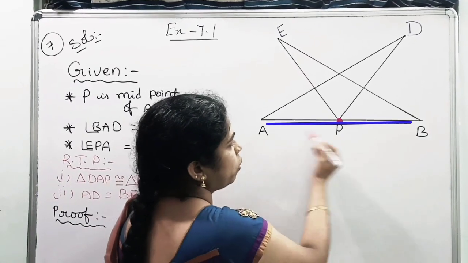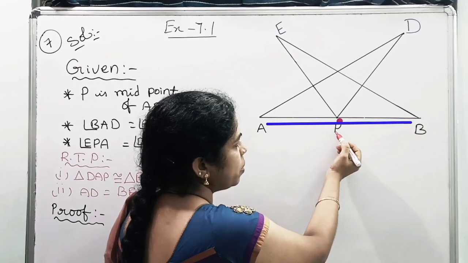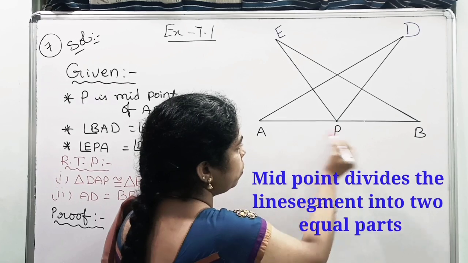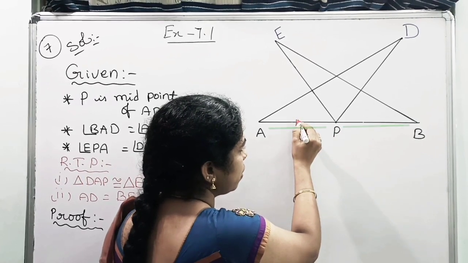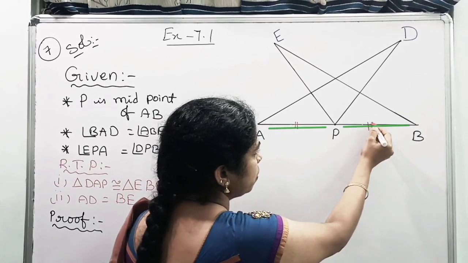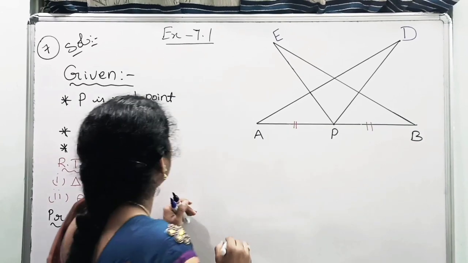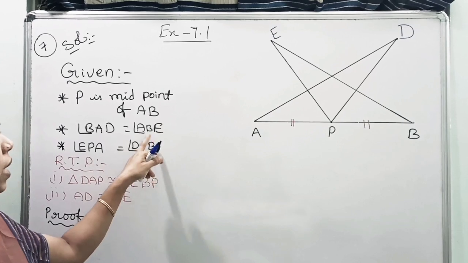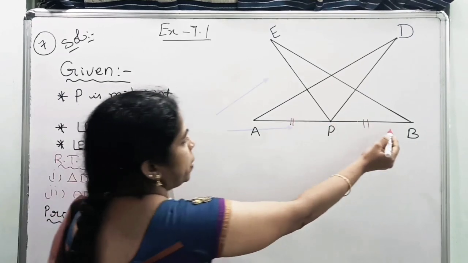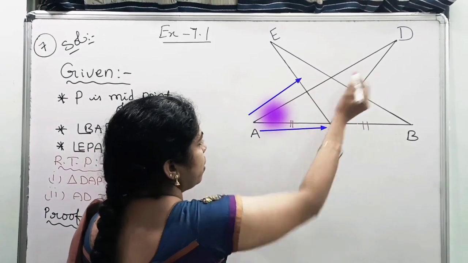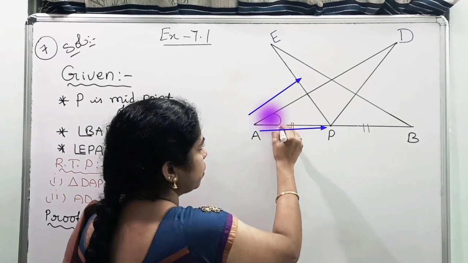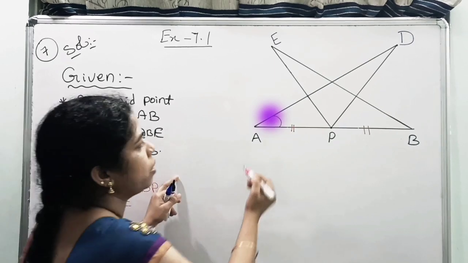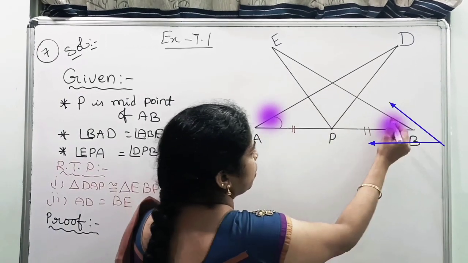P is midpoint of AB. What is midpoint duty? P divides AB into two equal parts. That is, AP is equal to BP. And also given second point as angle BAD is equal to angle ABE. BAD, that means this part, is equal to angle ABE.